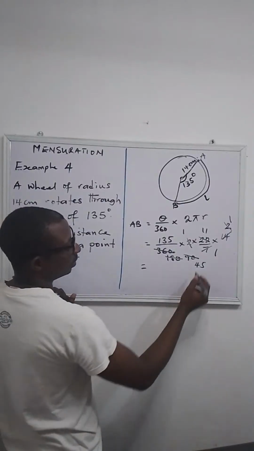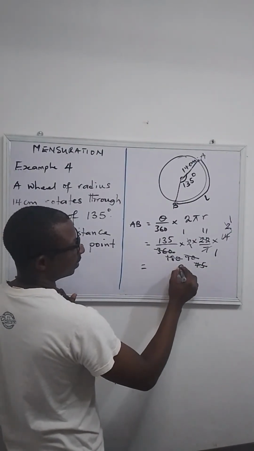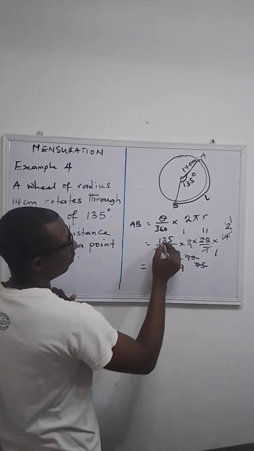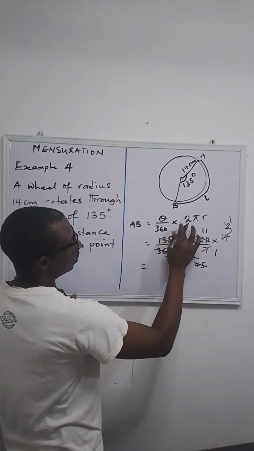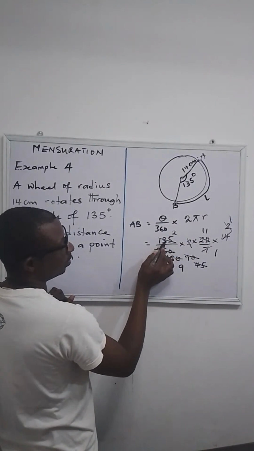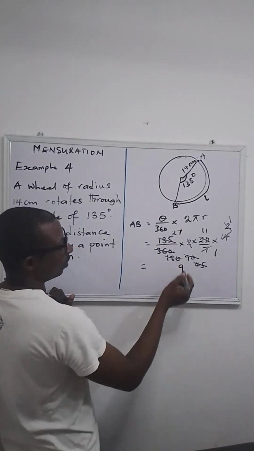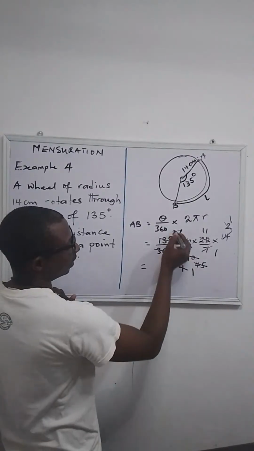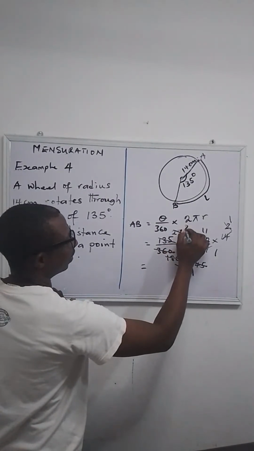Now 5 goes into 45, that is 9, and 5 goes into 135, that is 27. Now 9 goes into 9 once, and 9 goes into 27, that is 3. Can you see that? So we have 3 here.